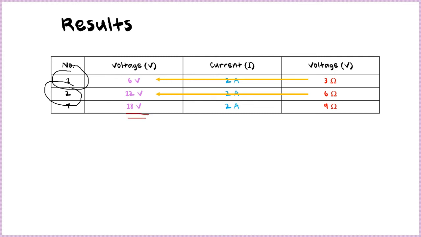Okay? So the higher the resistance, the higher the voltage across. So if you notice that the smaller value of your resistor has a higher voltage compared to the higher value of a resistance, probably there is a mistake in the calculations.